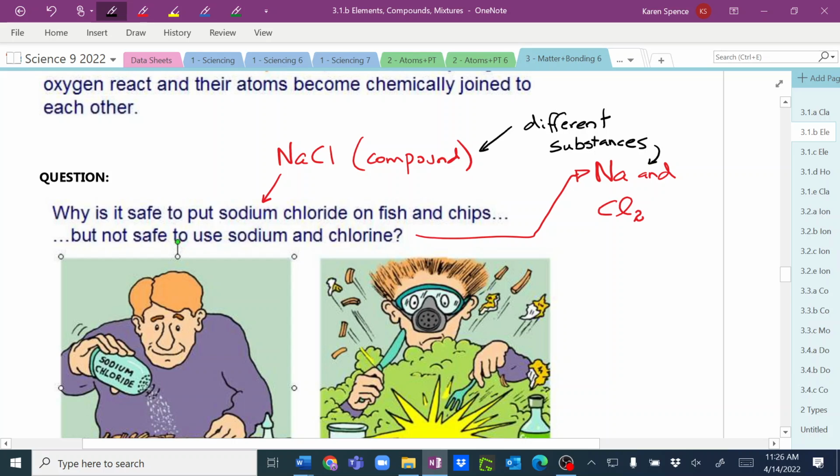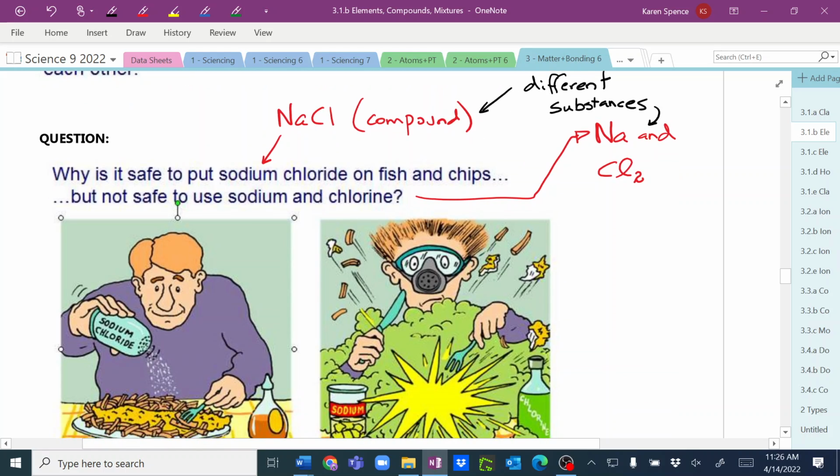Well, that's because somebody put salt on it. Yeah. So sodium chloride is a different substance than sodium and chlorine, and different substances have different properties.